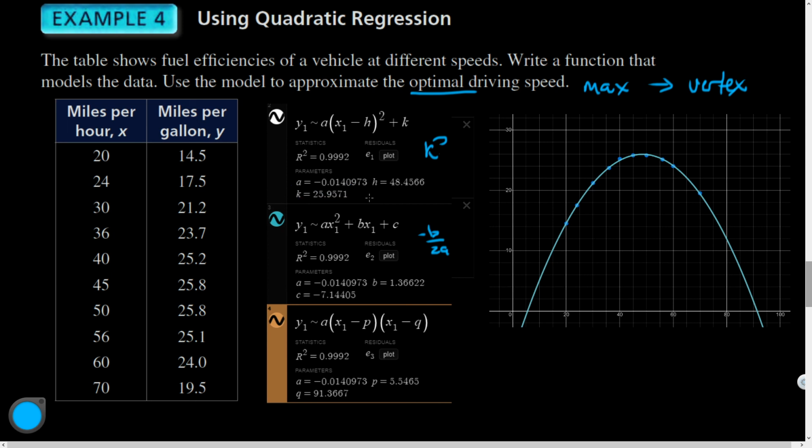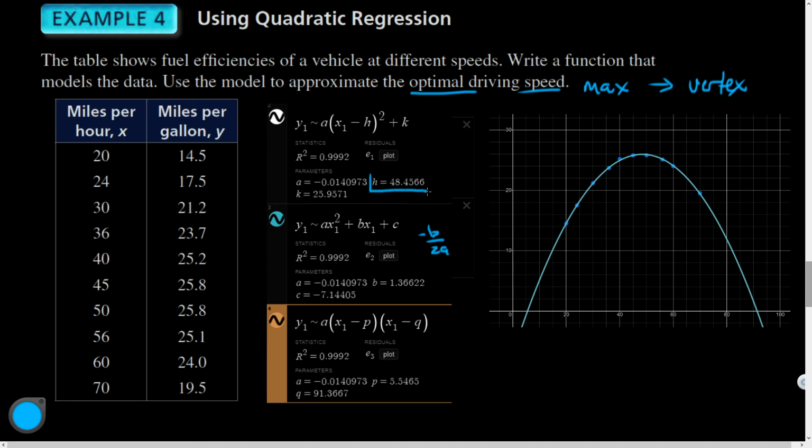The y-coordinate was what? That's the number of miles per gallon. So 25 miles per gallon, but it occurs at h. So I wanted h for the miles per hour, because they were asking about speed, which is in miles per hour.